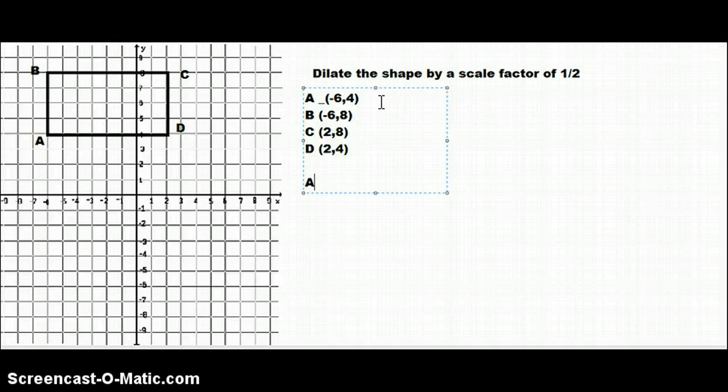Now we do the same thing, except this time we're multiplying by 1/2. So 1/2 of -6 would be -3. 1/2 of 4 would be 2. B prime, 1/2 of -6 would be -3. 1/2 of 8 would be 4.